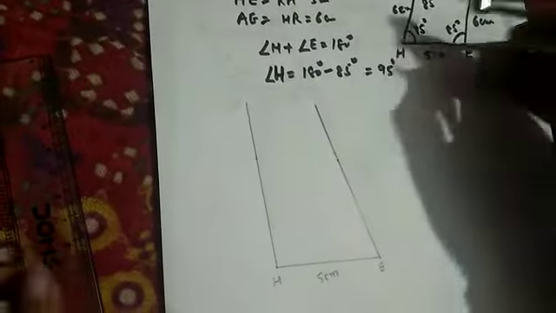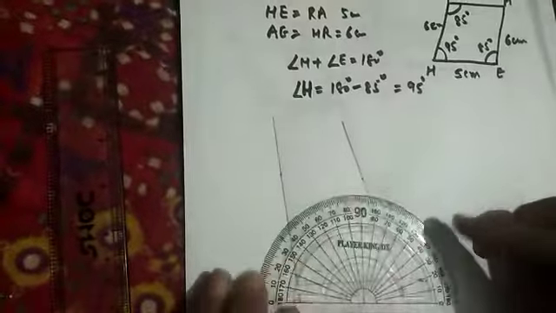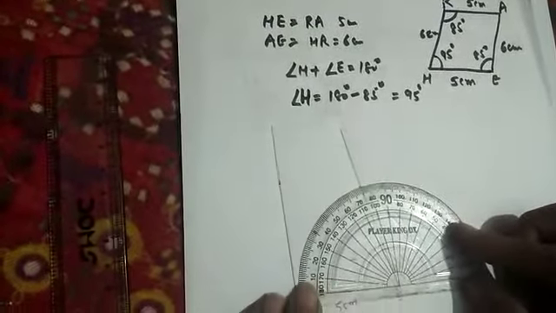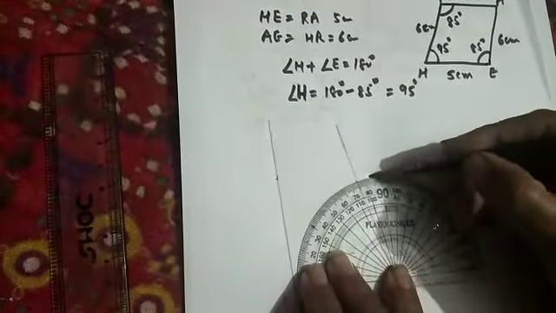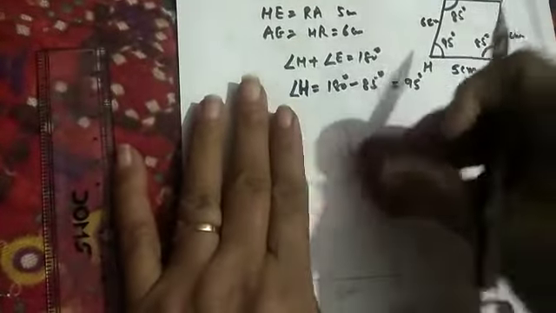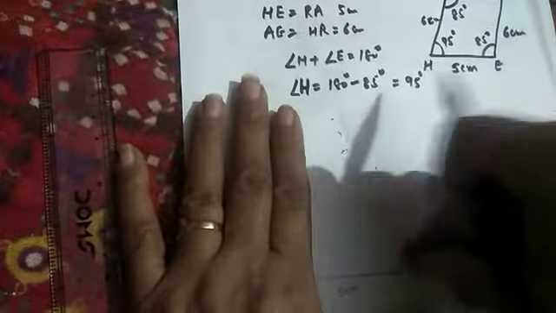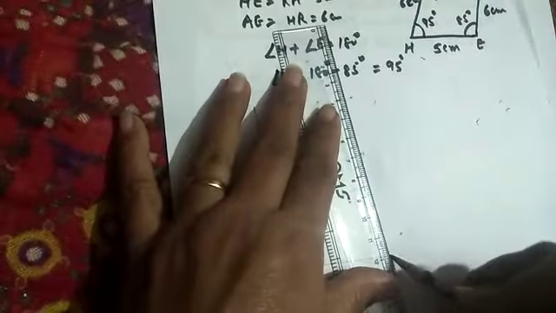Now RE, one minute, sorry, by mistake I have taken 75, this is 85, so we'll erase it. This is 85 degree.